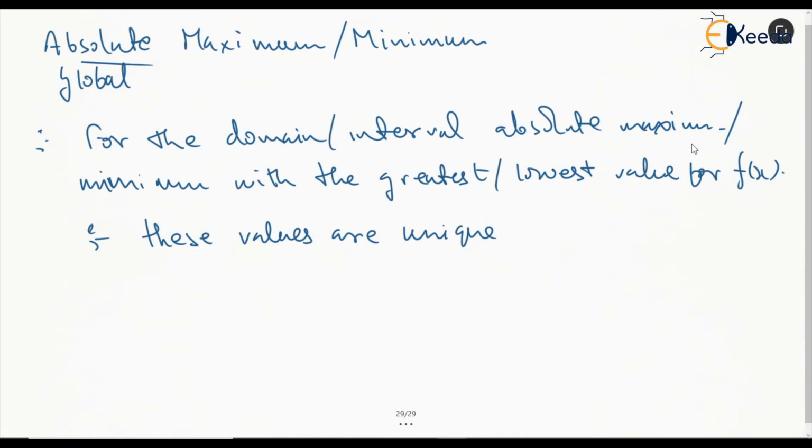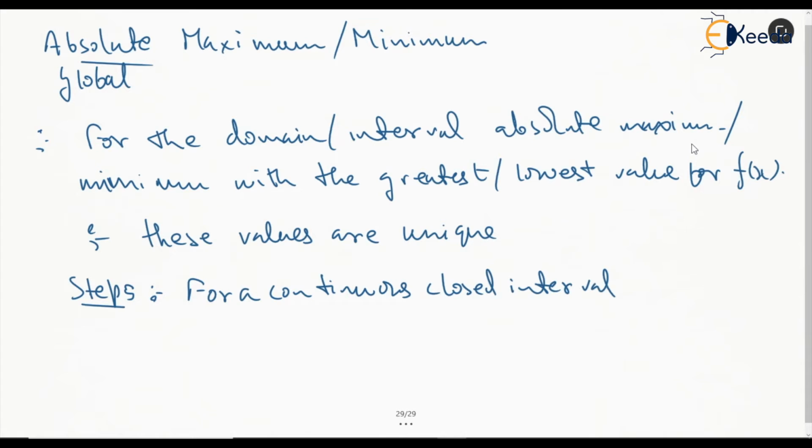And the steps to check this is, we have to check the function value at critical points and the endpoints. So of course for the continuous closed interval, let's say a b, and if it is closed interval you can write in that manner also.